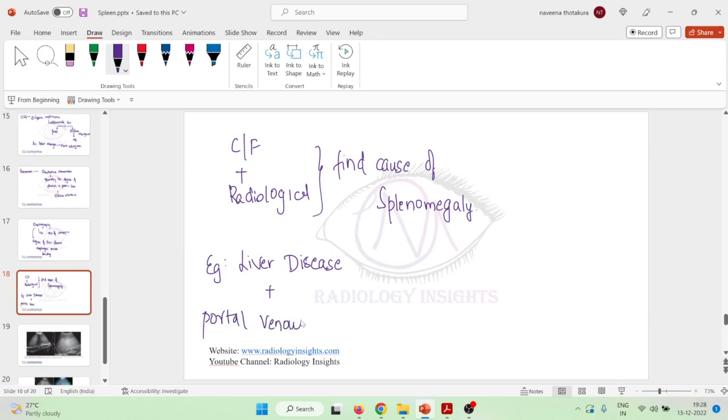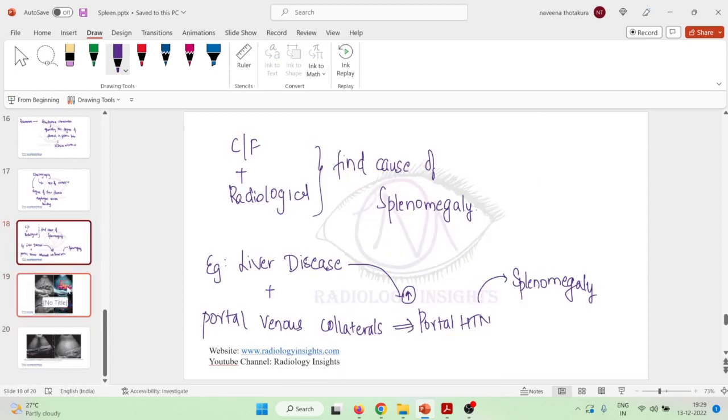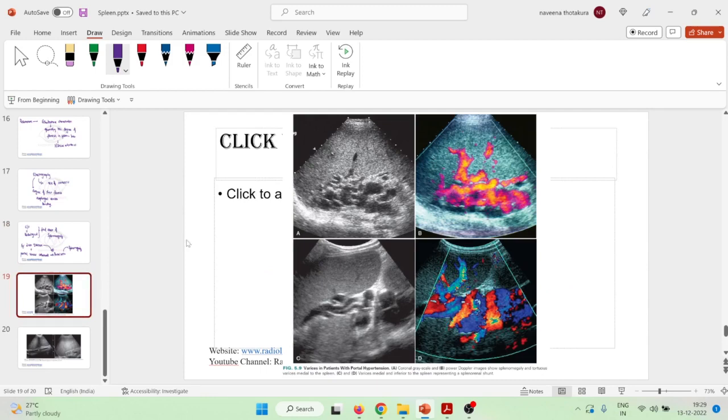Portal vein collaterals mainly occur in portal hypertension, and liver disease can also predispose the patient to portal hypertension. And one more important thing, this portal hypertension can also cause splenomegaly. So when we see a liver disease with portal venous collaterals on ultrasonography, we should always suspect portal hypertension to be a cause of splenomegaly.